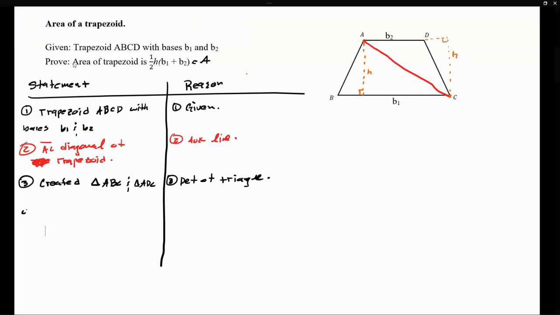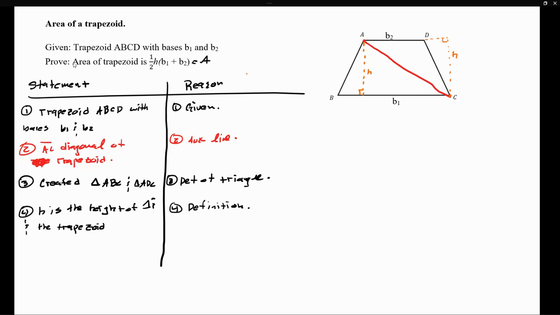So h is the height of both triangles, and in addition, it is also the height of the trapezoid that we want to show the area of. This is just the definition of the height.